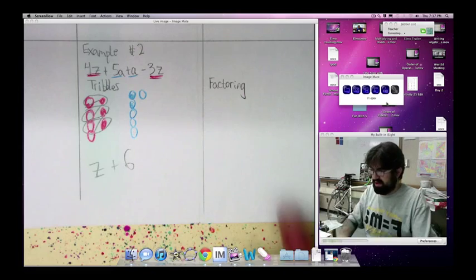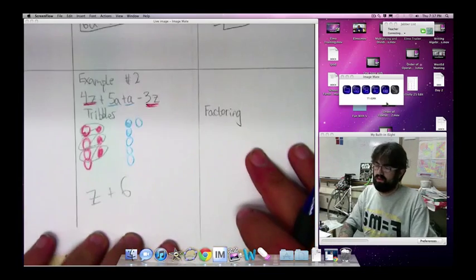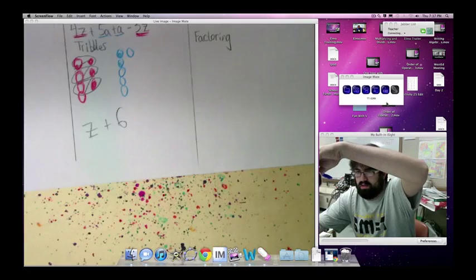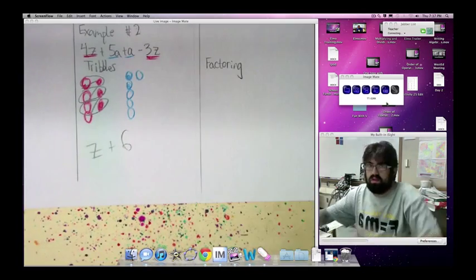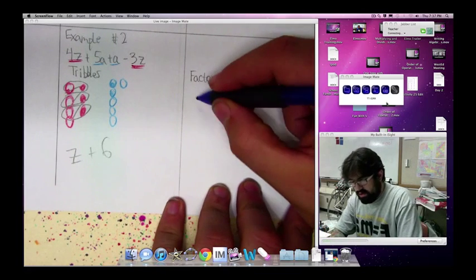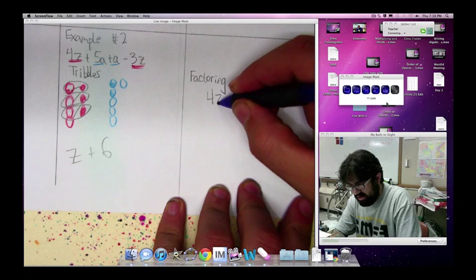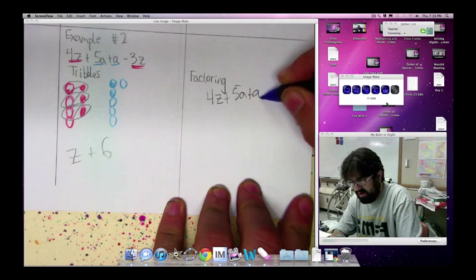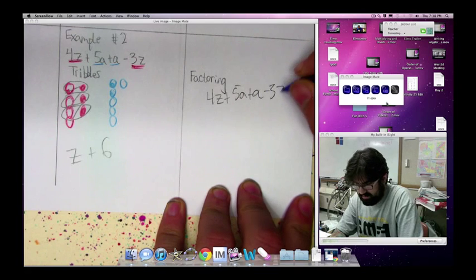Okay, moving on to factoring. Looking at this one, I'm going to start by writing the problem. 4z plus 5a plus a minus 3z.